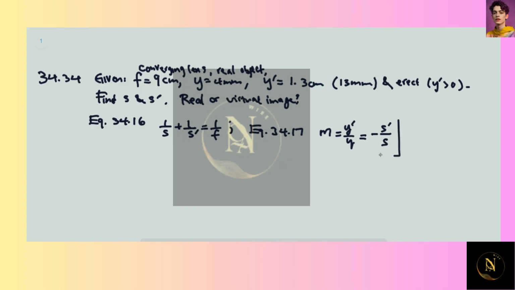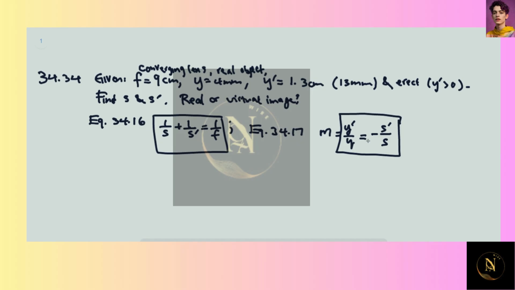So this part is the important part, the relationship between S and S prime and y prime. Now I have two equations and two unknowns. Therefore, I can solve for S and S prime because y and y prime are known and f is known, so I have enough information to determine what they're asking.